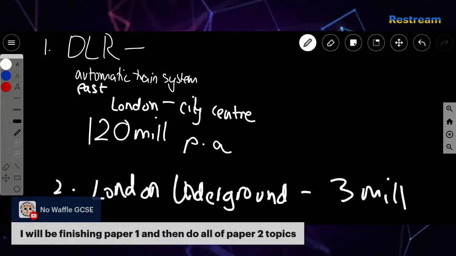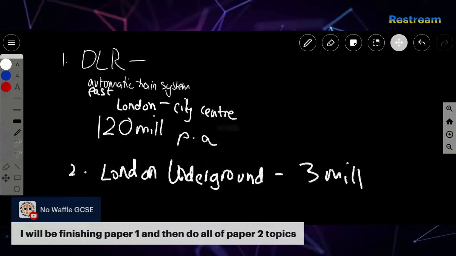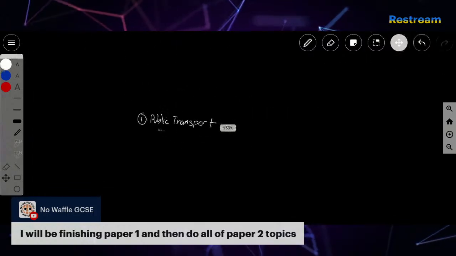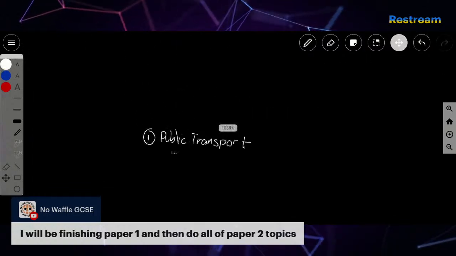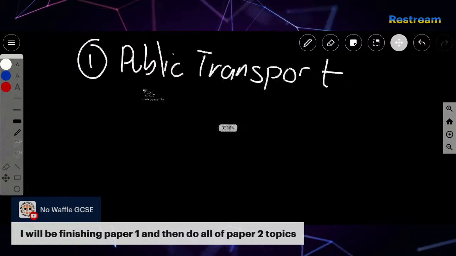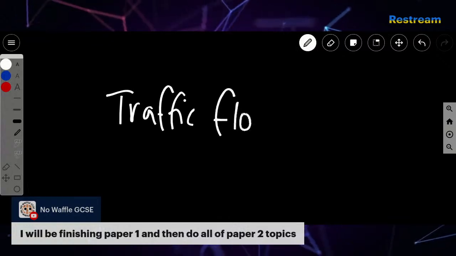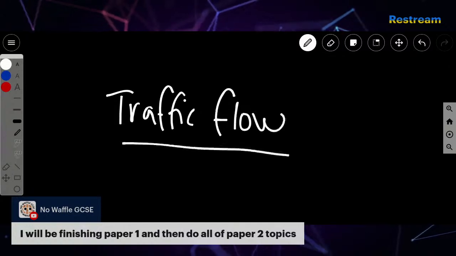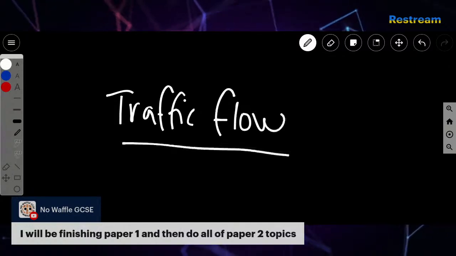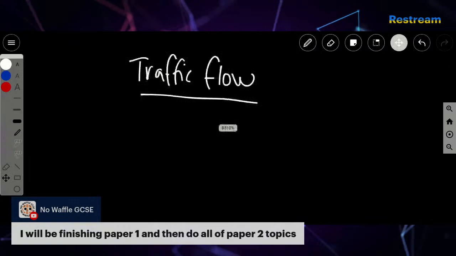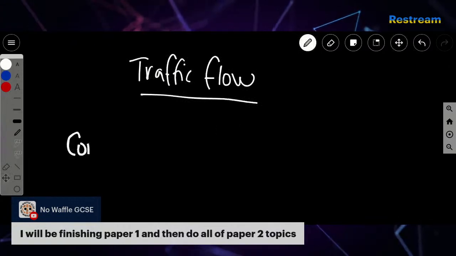Now, another method for these transport issues is how we can manage traffic flow. So, ways to manage the traffic flow. Now, I don't know if you have been aware, depending on where you live, but you may be aware of congestion zones in London.